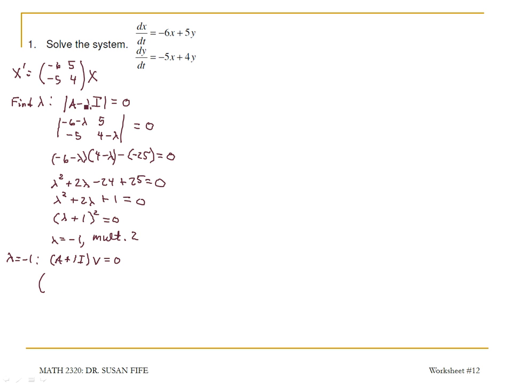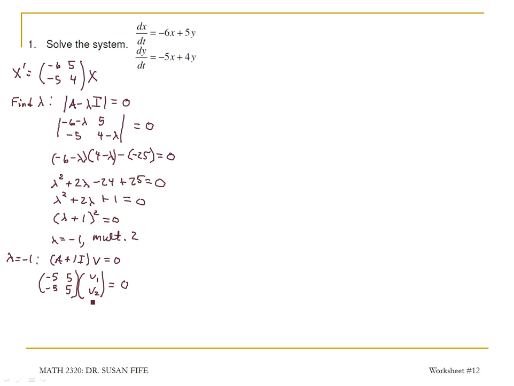So if I take my coefficient matrix and add 1 across the diagonal, I get -6 plus 1, that gives me -5, 5, -5, and then here 4 plus 1 gives me a 5, times v1, v2 is equal to 0.